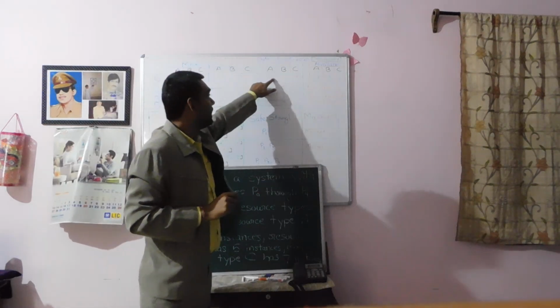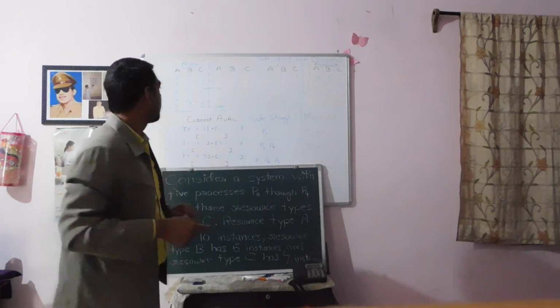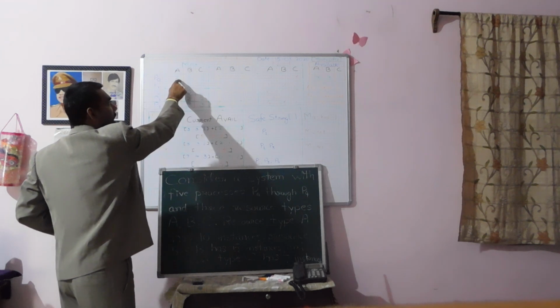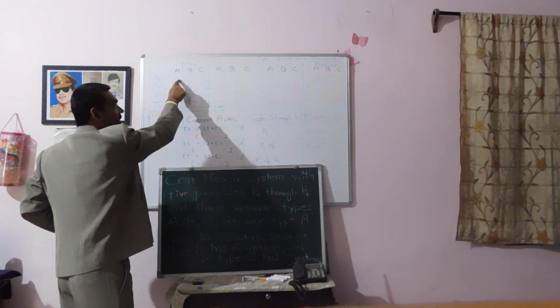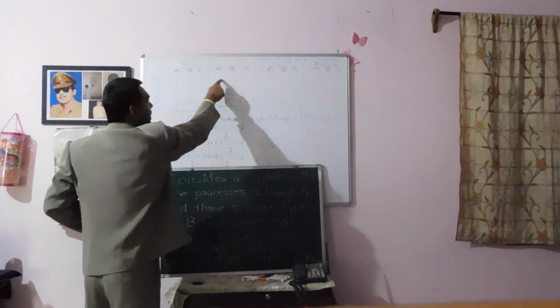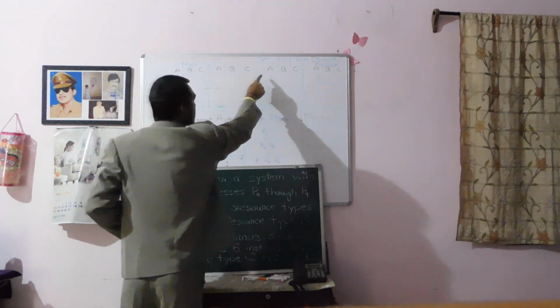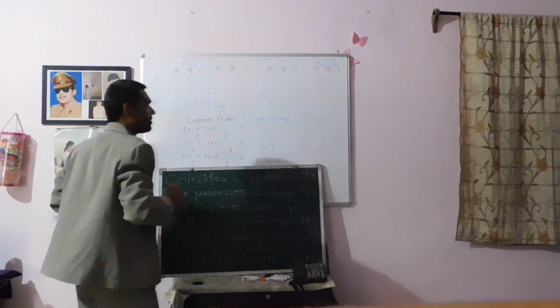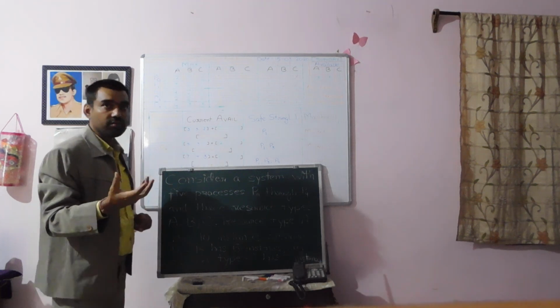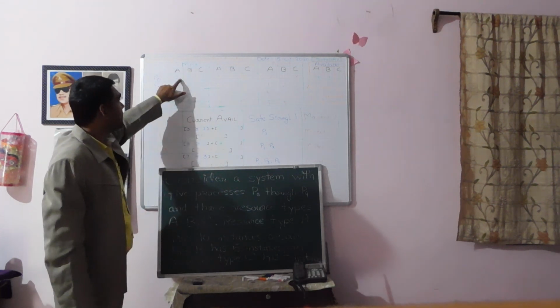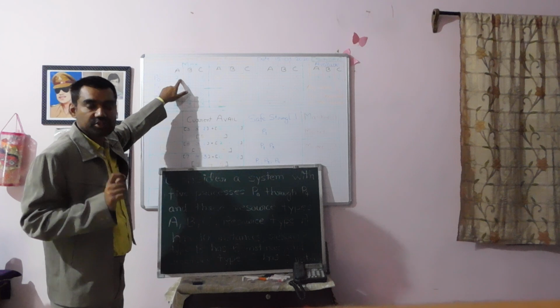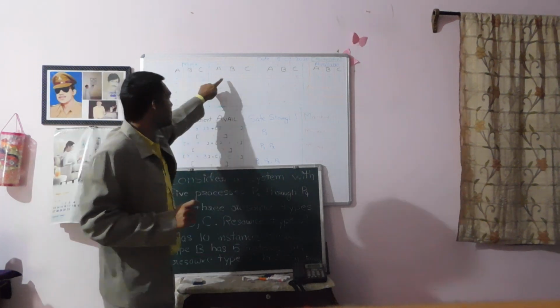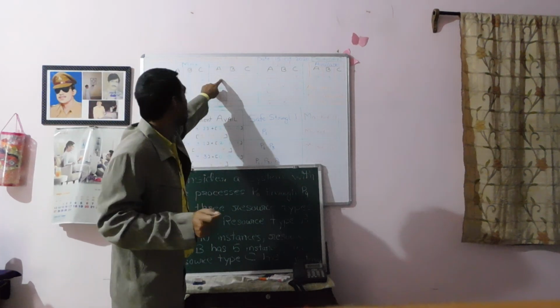Then need. I already told you, max of Ij minus allocation of Ij will give you need of Ij. In other words, this is first row, first column.